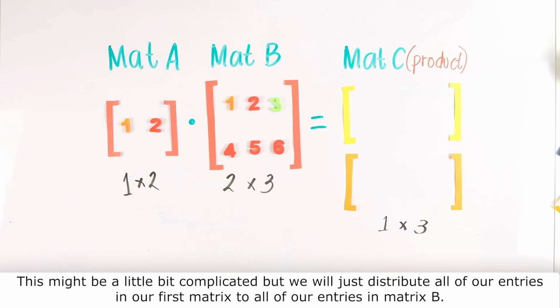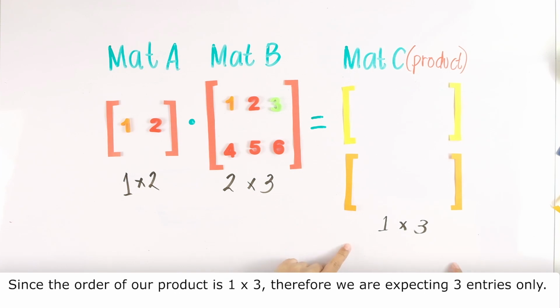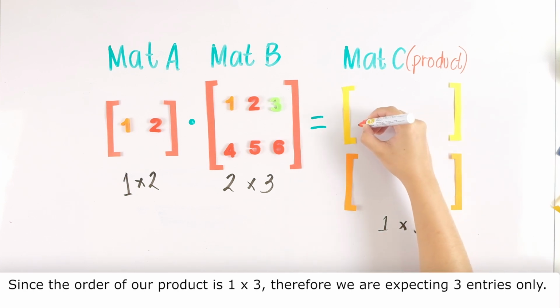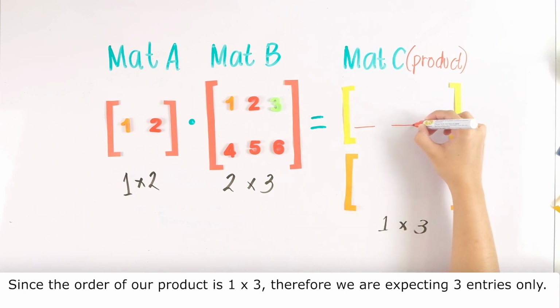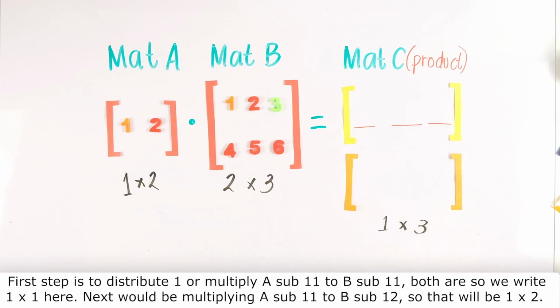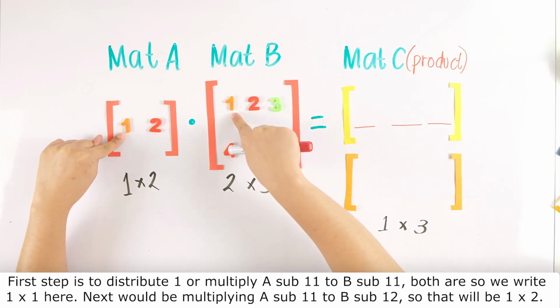So, this might be a little bit complicated, but we will just distribute all of our entries in our first matrix to all of our entries in matrix B. Since the order of our product is 1 by 3, therefore we are expecting to have 3 entries only. So, how are we going to do that? First step is to multiply A sub 1,1 to B sub 1,1.